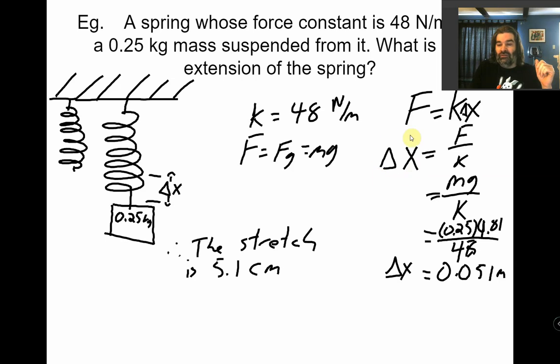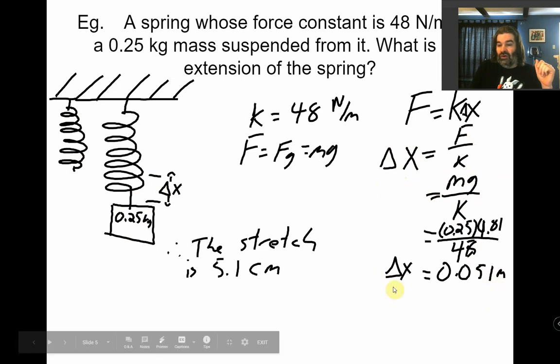Delta x, remember, is the change in length. That's not the total length of the spring. That's just how much the spring's length has changed from the force. Delta x is F over k. The force in this case is the force of gravity, which is just mg. Divided by our spring constant, you get 0.051 meters.